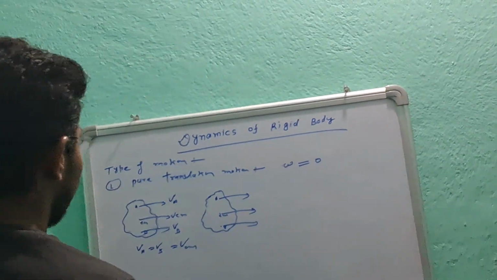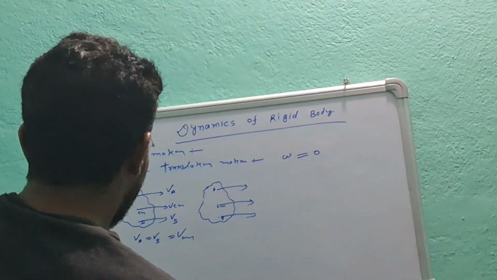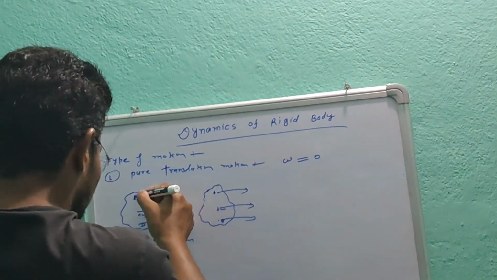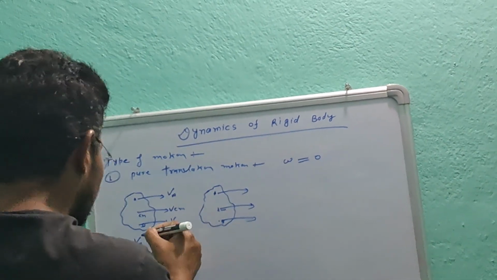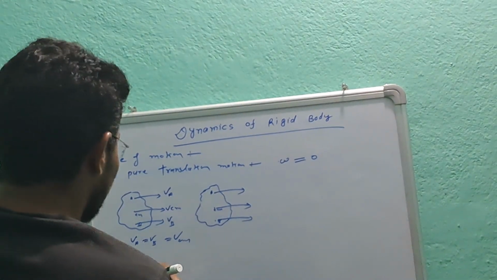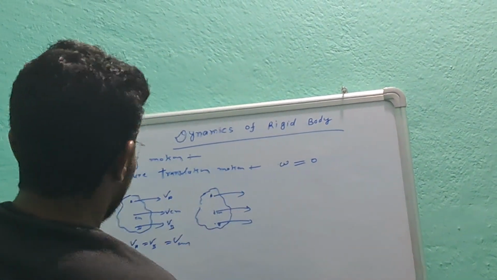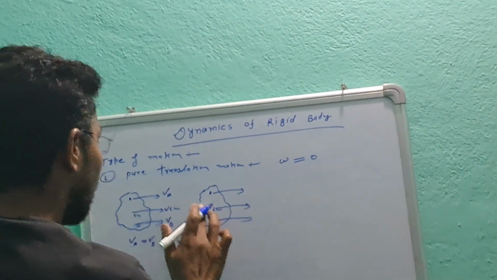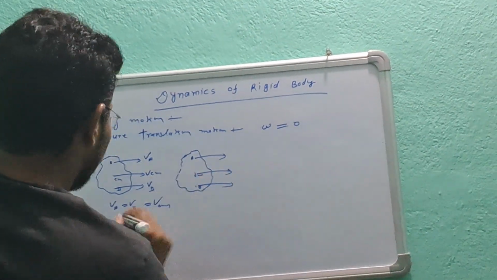We can say it in another way: lines joining any two particles of the rigid body always remain parallel when the rigid body translates.